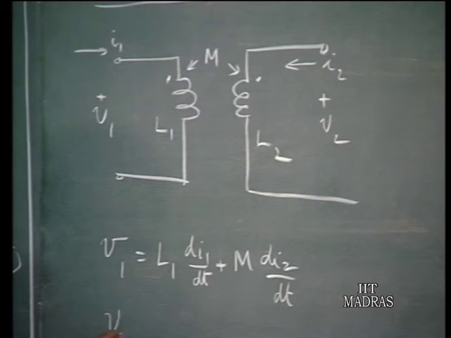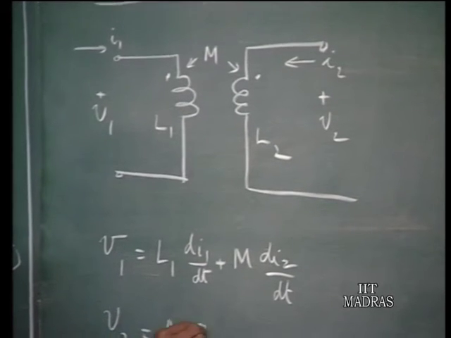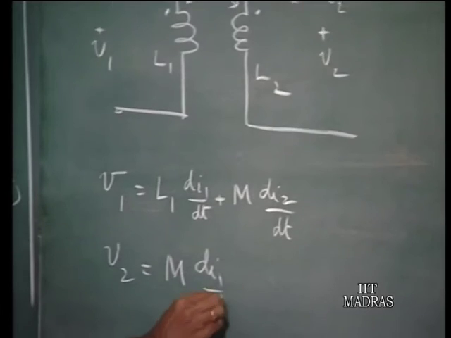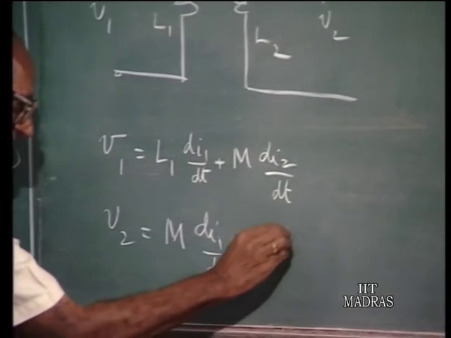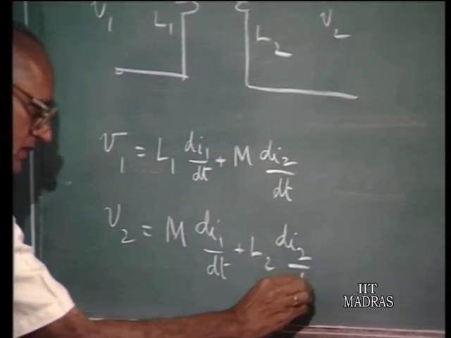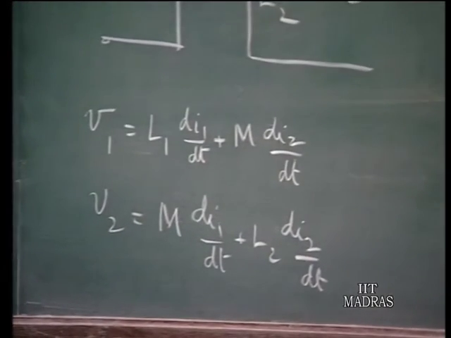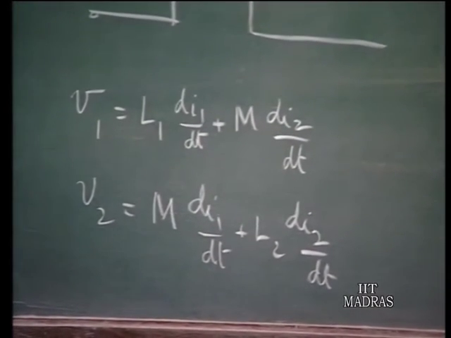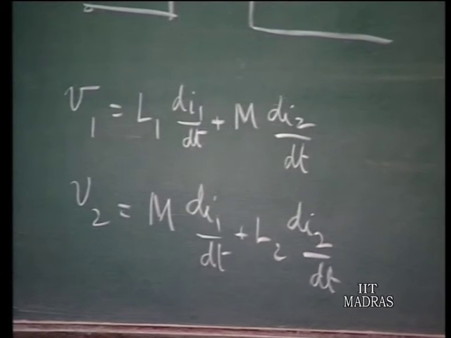V2 likewise is M times di1 dt plus L2 times di2 dt. These are straightforward standard equations governing the behavior of a pair of coupled coils, which you know.